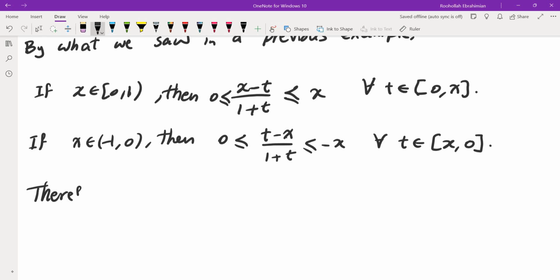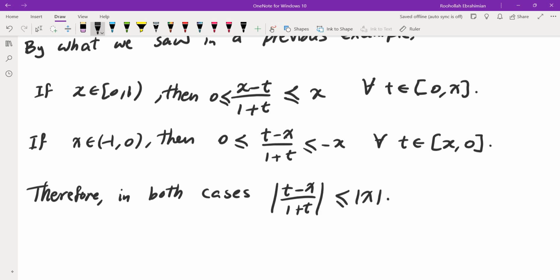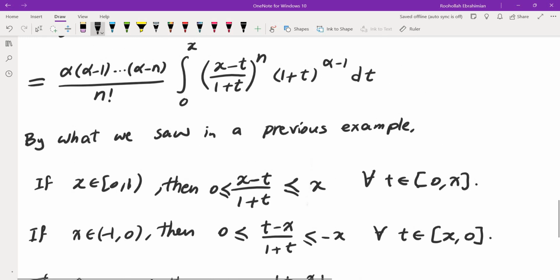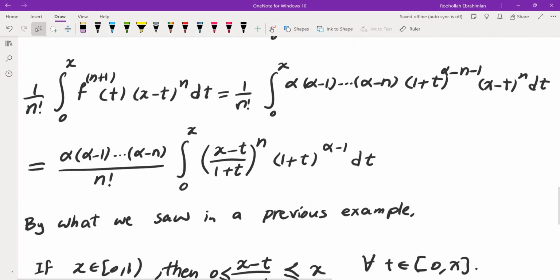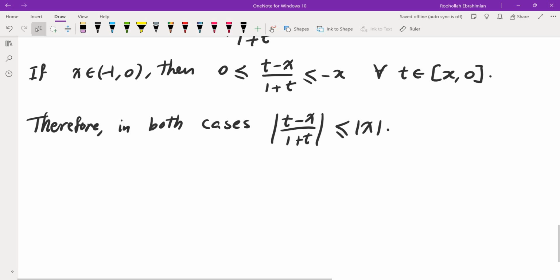Therefore, in both cases, |x−t| over (1+t) is going to be less than or equal to the absolute value of x. Now, let's look at each case separately and look at the integral and see what happens.